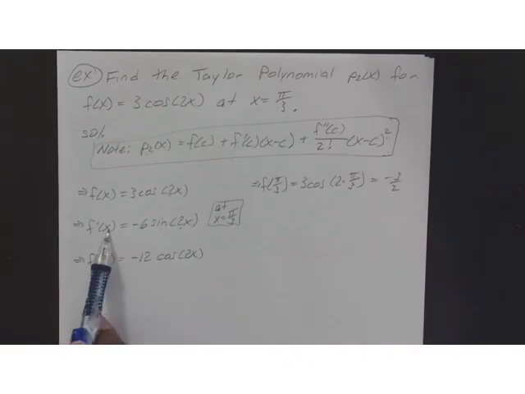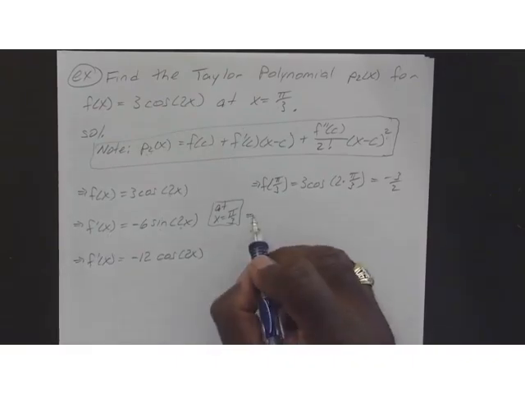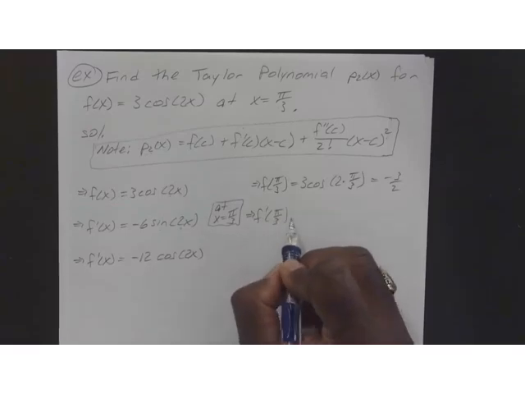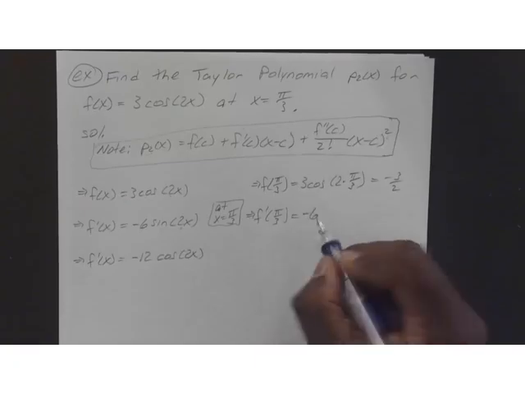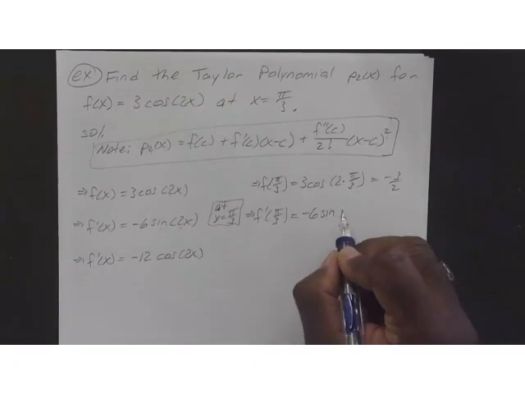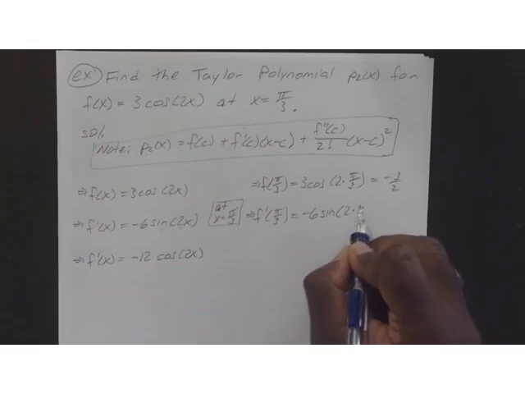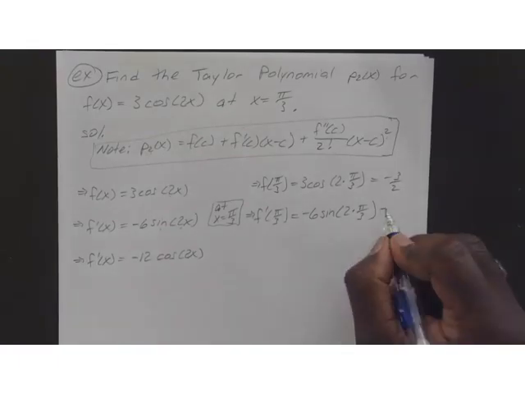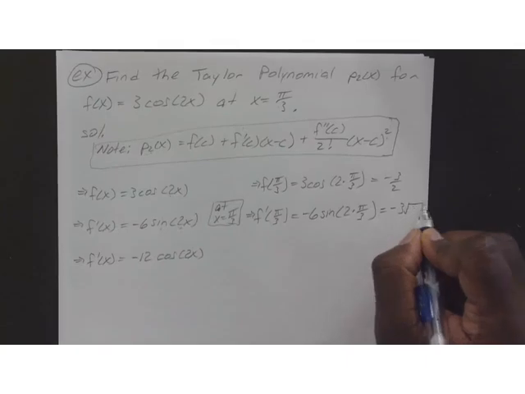Our derivative at pi over 3, so f prime of pi over 3, is negative 6 times sine of 2 times pi over 3, which is negative 3 square root of 3.